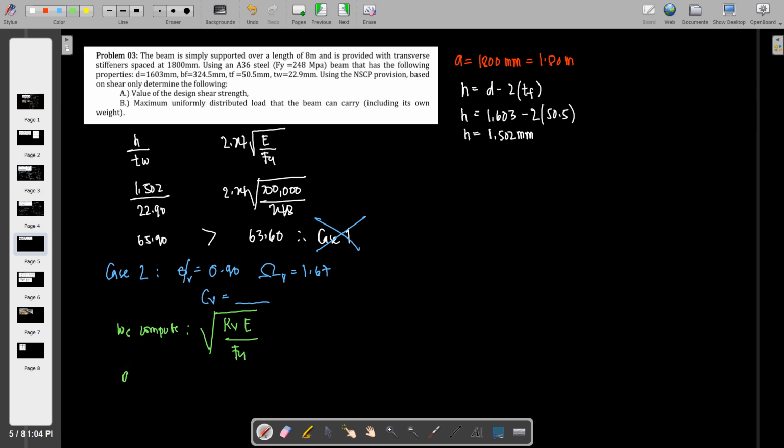So, recall that we need to check A is to H, no, if it is greater than 3, or this proportion shall be greater than 260 all over H over TW, this is squared.